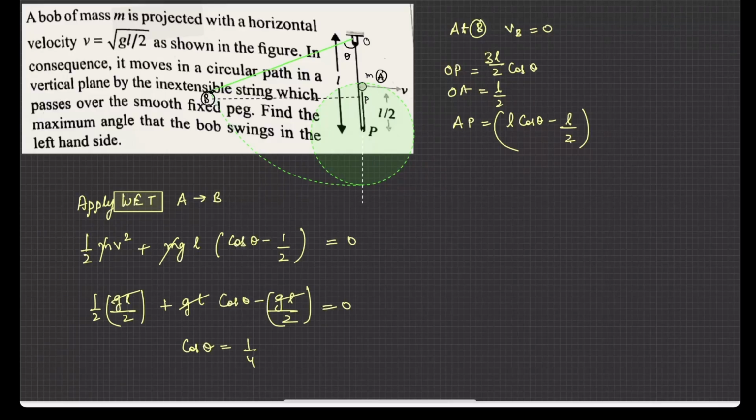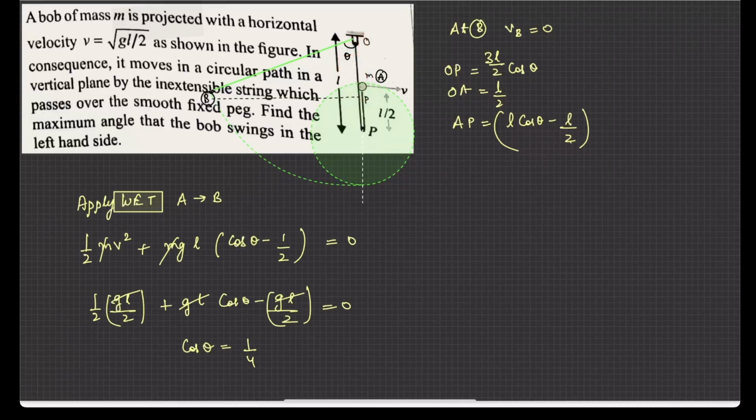So this length OP is my 3L by 2 cos theta, and this OA is my L by 2. So this minus this, ये वाली लेंथ मेरे पास आ गई, this minus this length is L by 2.